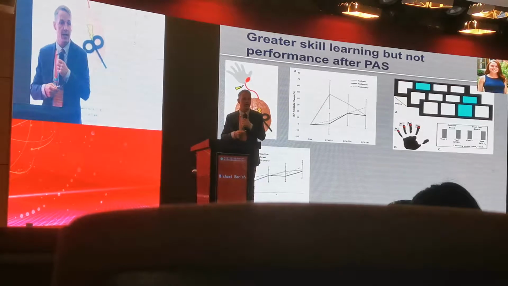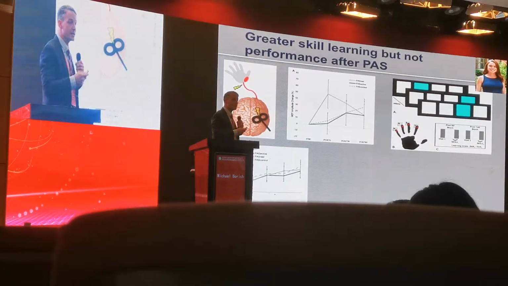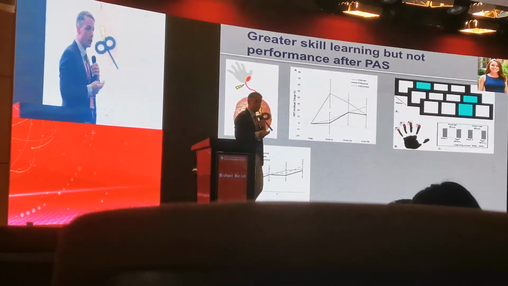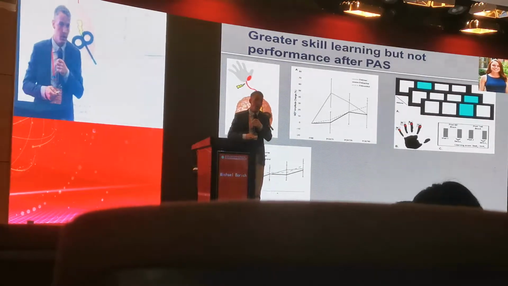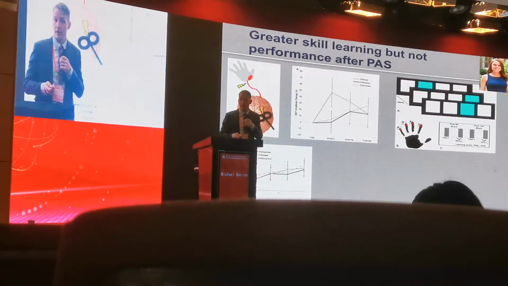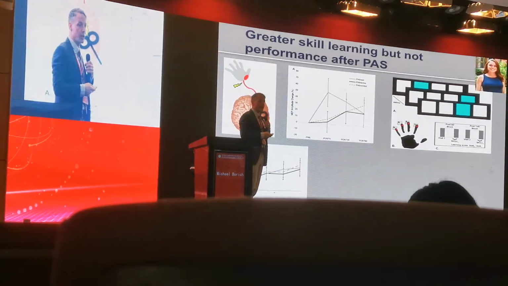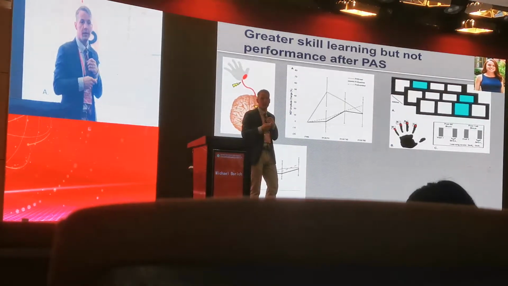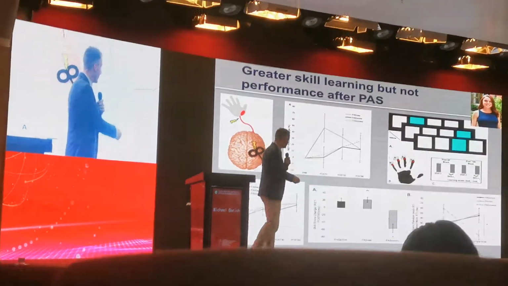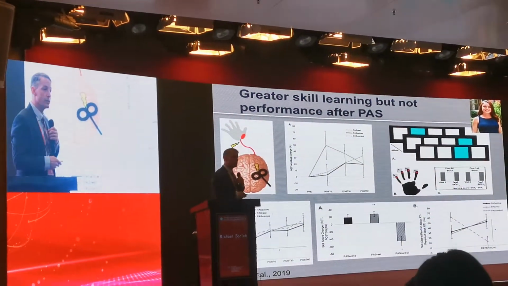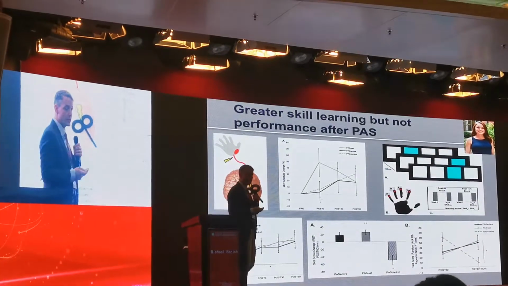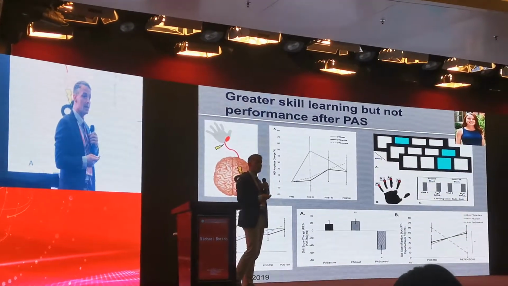We don't see that individuals acquire information faster or to a greater extent following PAS compared to a sham stimulation condition. But we asked the individuals to come back 1 week later to see if there was any change in learning, so this ability to retain what they had acquired. And it turns out there was. It turns out that although we don't see within session performance improvements, what we do see is a retention of skill.